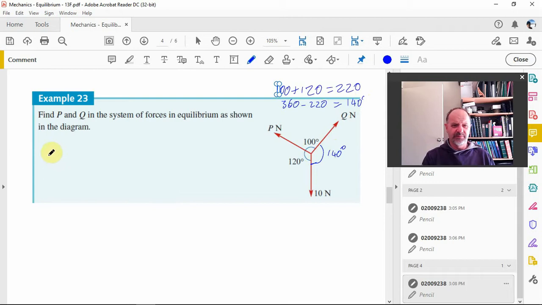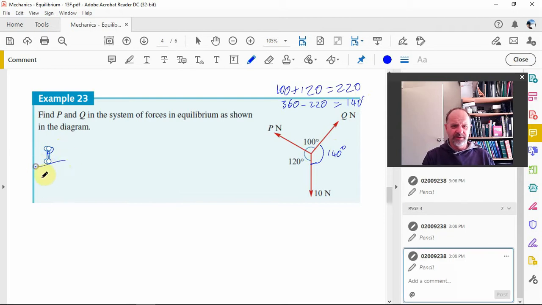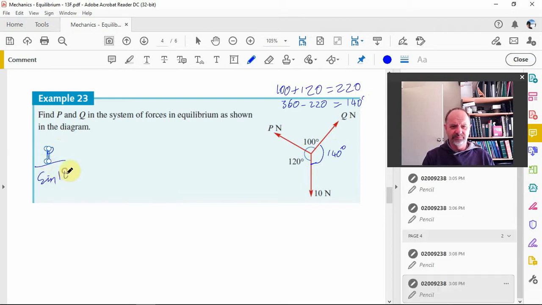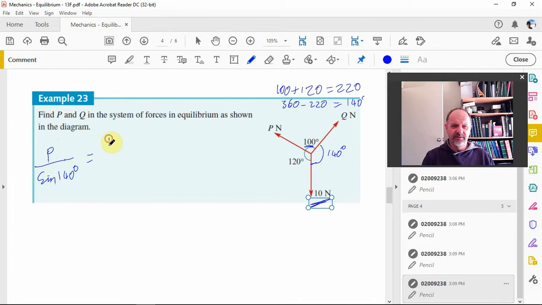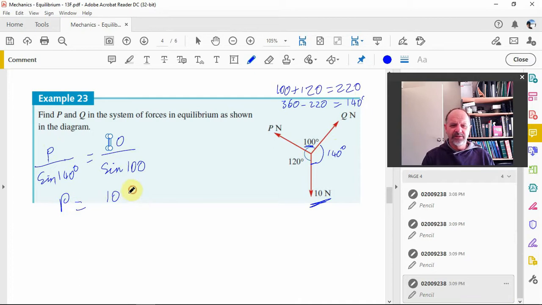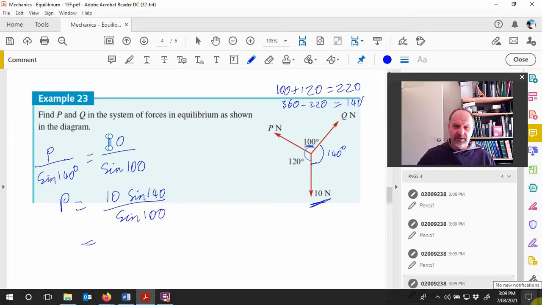Using Lami's theorem, P over sine 140 is equal to the one we know, this 10 Newton, related to the 100, so 10 over sine 100. So P equals 10 sine 140 over sine 100.